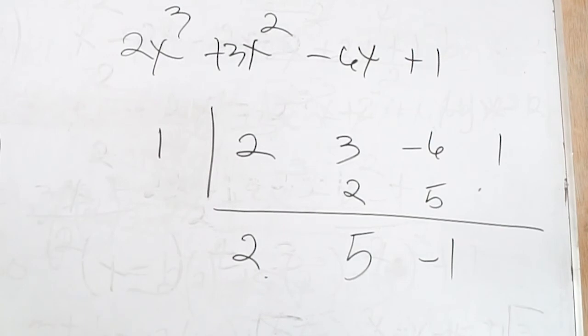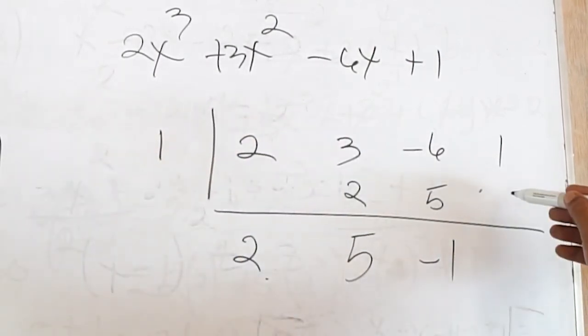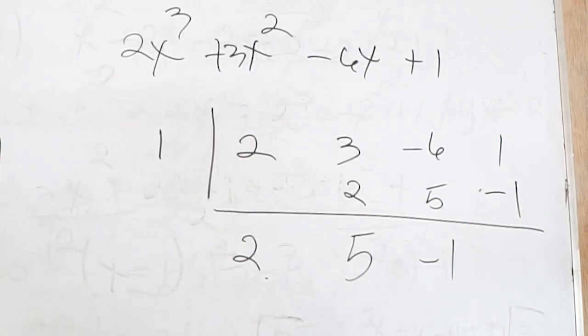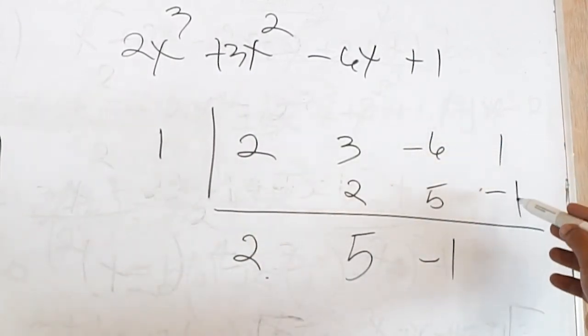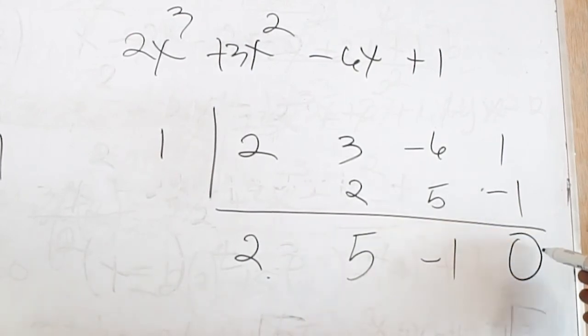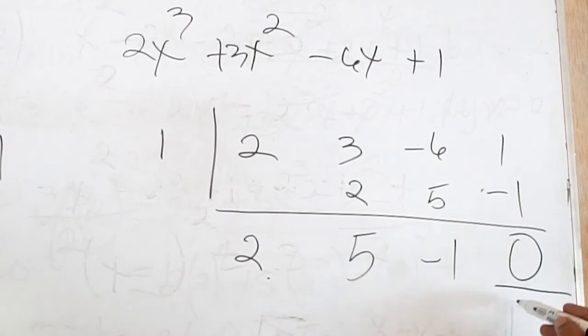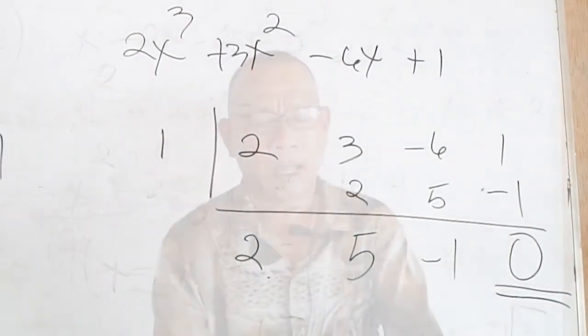Then next, multiply. Negative 1 times positive 1, the result is negative 1. Then add positive 1 and negative 1, the result is 0. The last term, this is now the remainder. So the remainder is 0.